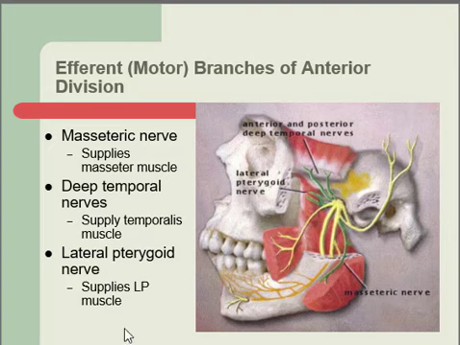The lateral pterygoid nerve supplies the lateral pterygoid muscle, and that opens the mouth when the muscle contracts. Think of the rope pulling, right? This large masseter, when it's pulling up like this, is pulling the jaw closed. Same with the temporalis muscle. It pulls towards the origin, pulling the mouth closed.